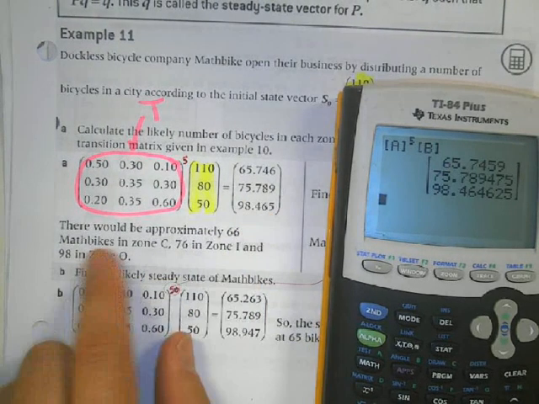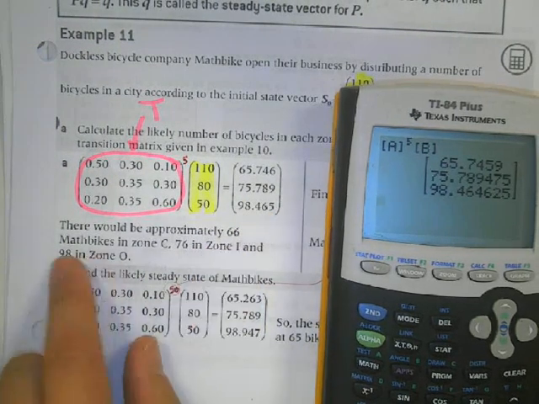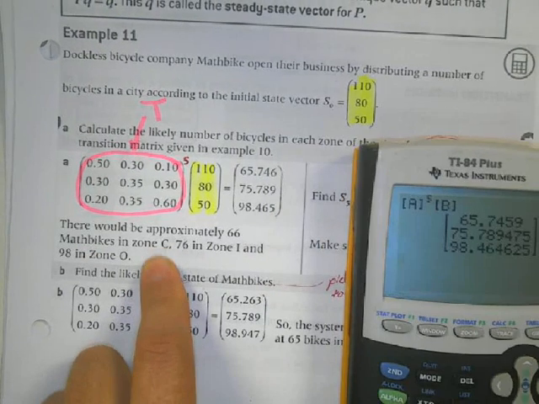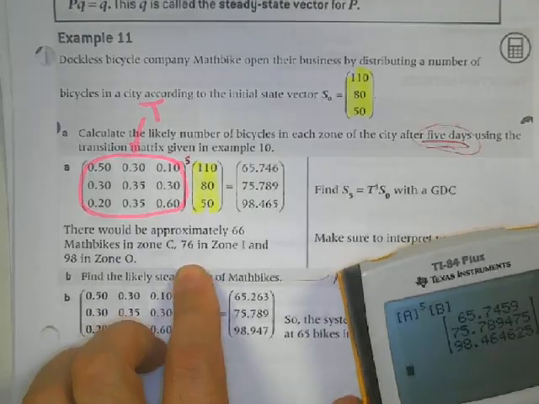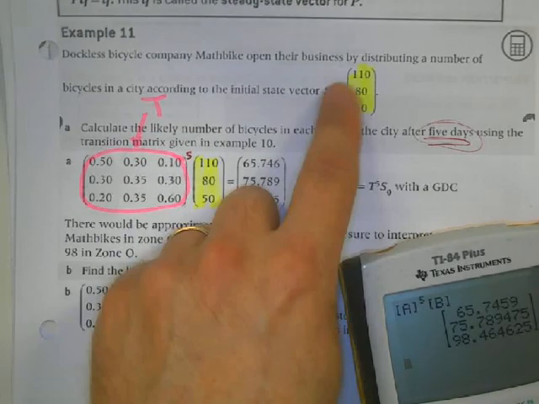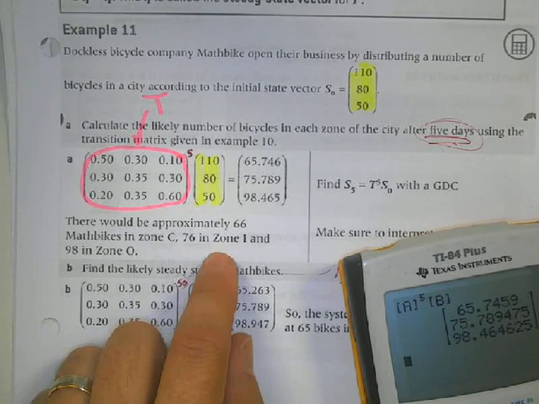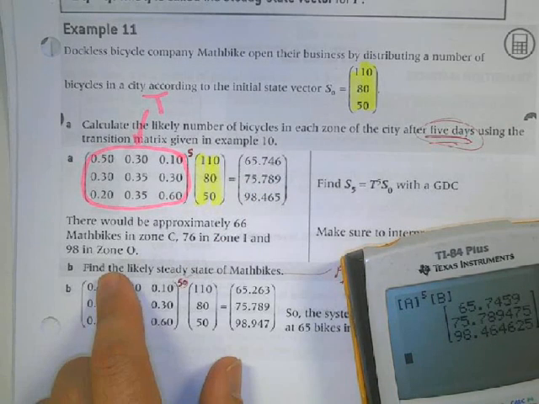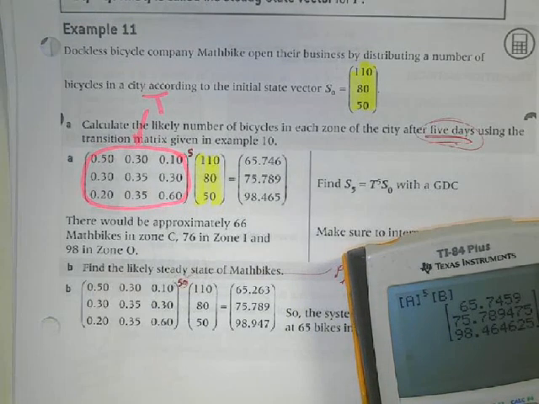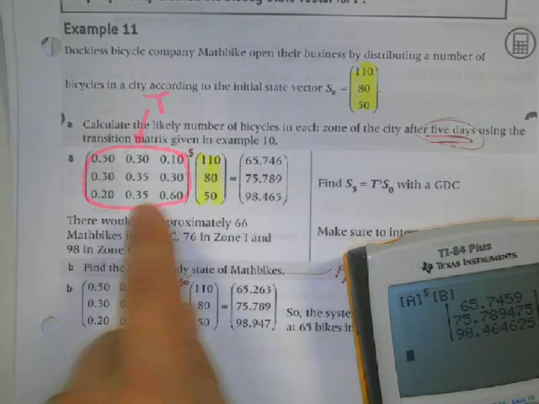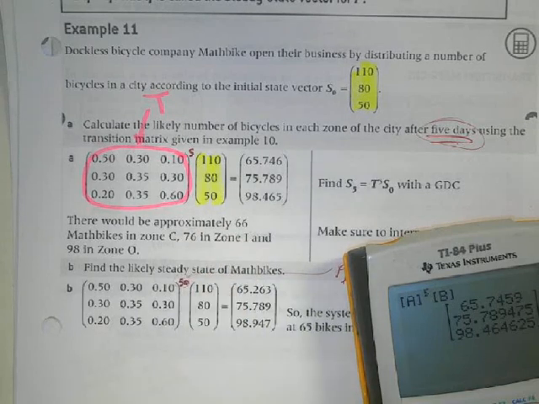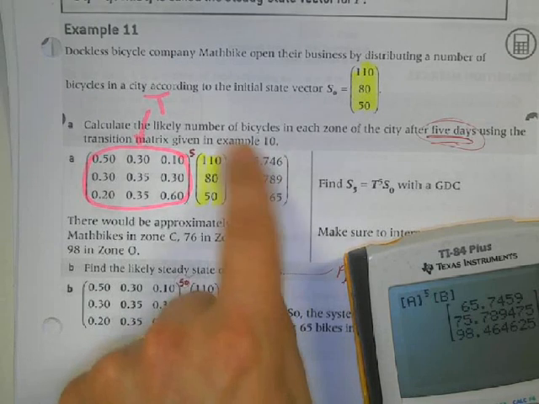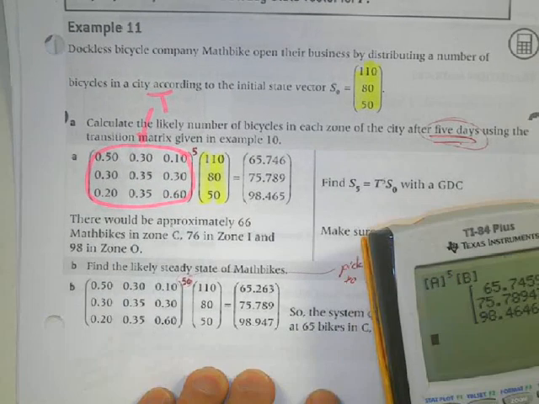So approximately 66 bikes are in the first zone, and then the next zone, and then the next: zone C, zone I, and zone O. I guess some of that question was in example 10, and I don't have that printed here.